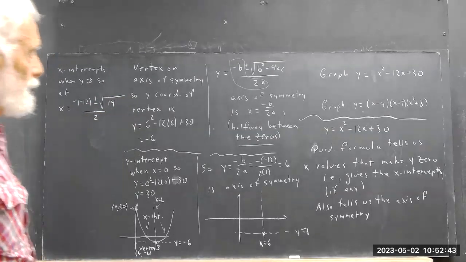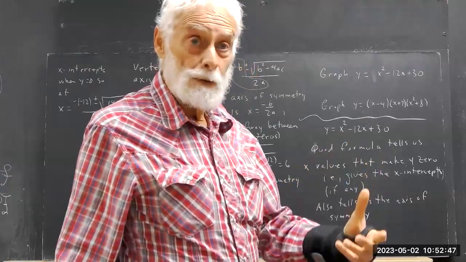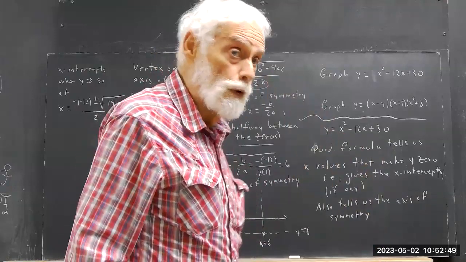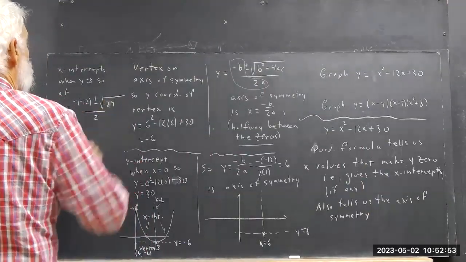Now you can get 144. 4 times 30 is 120. 12 squared is 144. And it's not 14, it's 24.